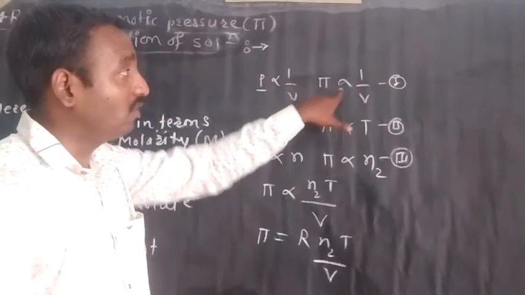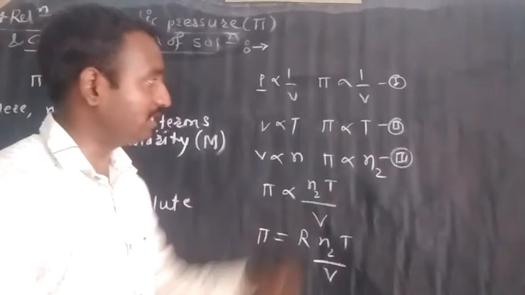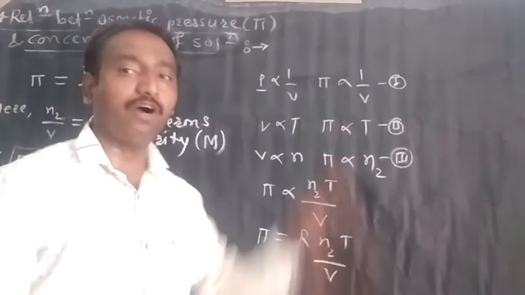This is called van't Hoff's Boyle's law, this is van't Hoff's Charles' law, and this is van't Hoff's Avogadro's law.